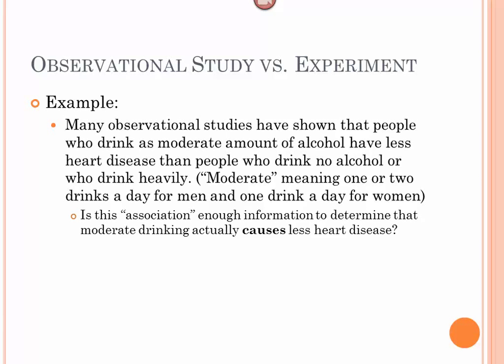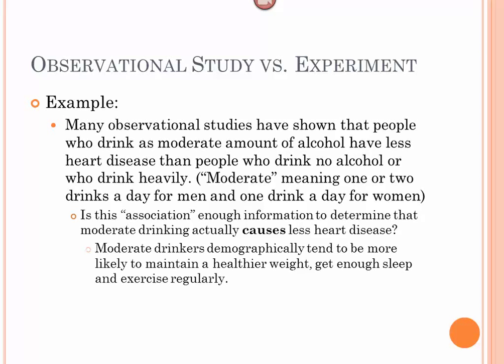The question here is, is this association enough information to determine that moderate drinking is the actual cause of less heart disease? The answer is no. In this case, we did see a link between people who define themselves as moderate drinkers and those who had less heart disease.